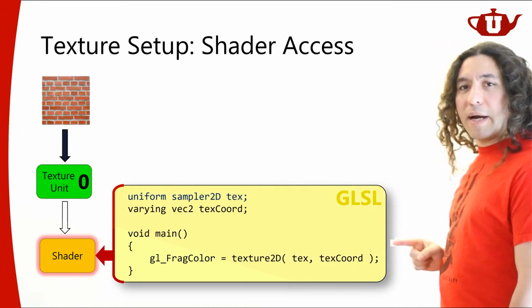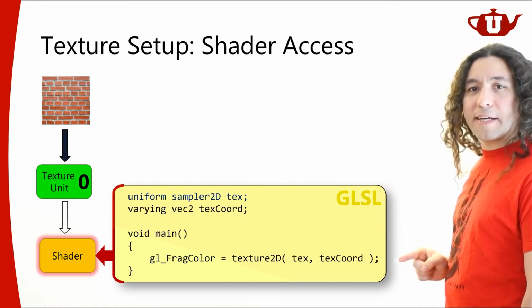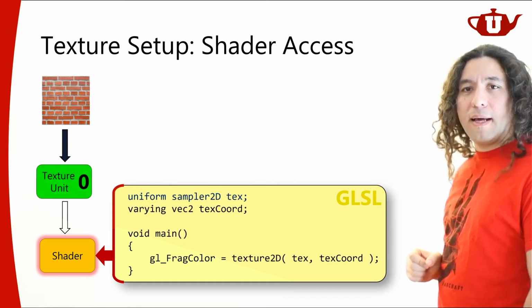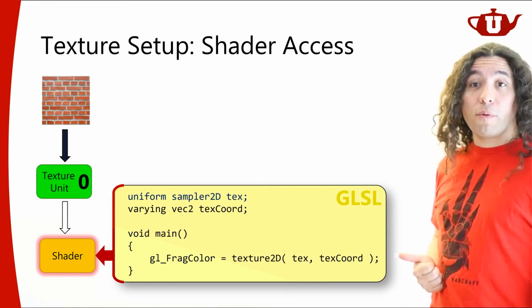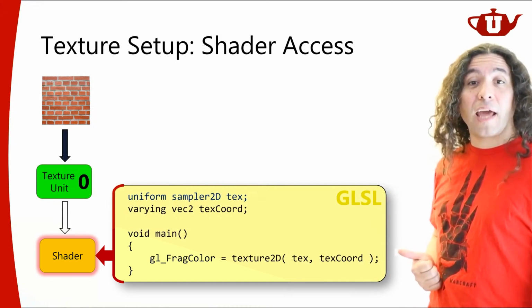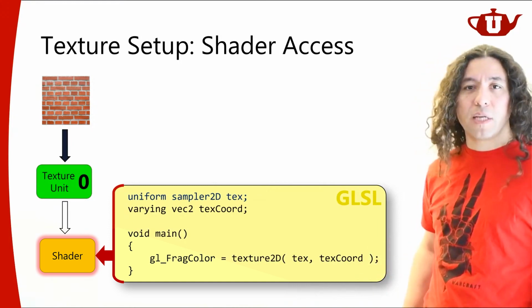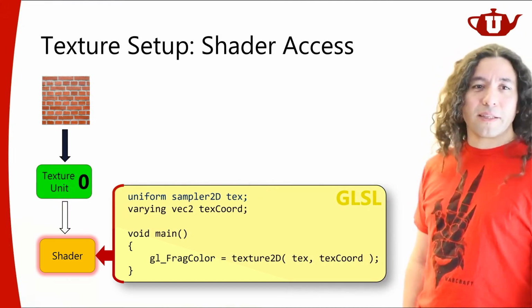And then by using the texture 2D function, I will be sampling that texture with that particular texture coordinate. And this is always going to return an RGBA value. So I can just directly set it to the gl_FragColor, and I'm done, if I don't want to do anything else with it, that is.